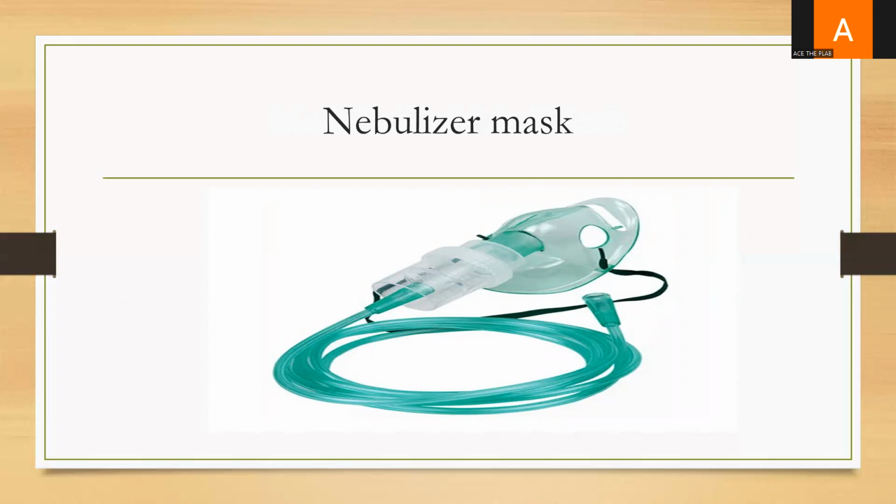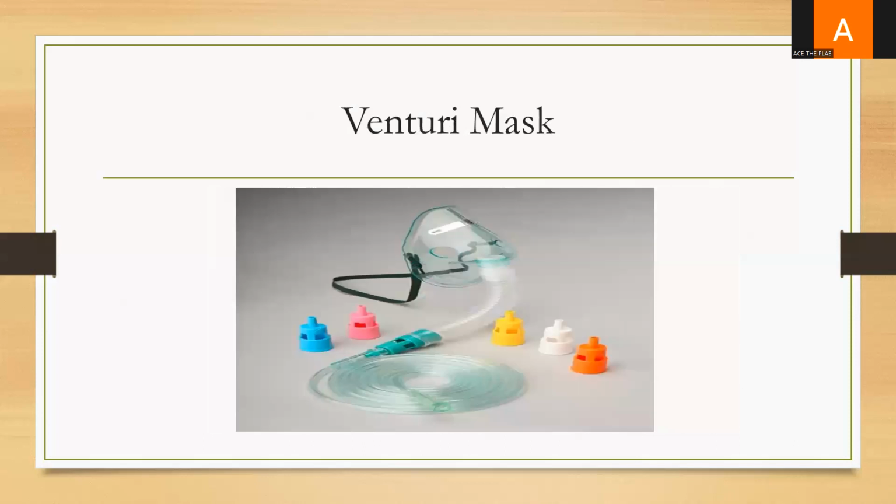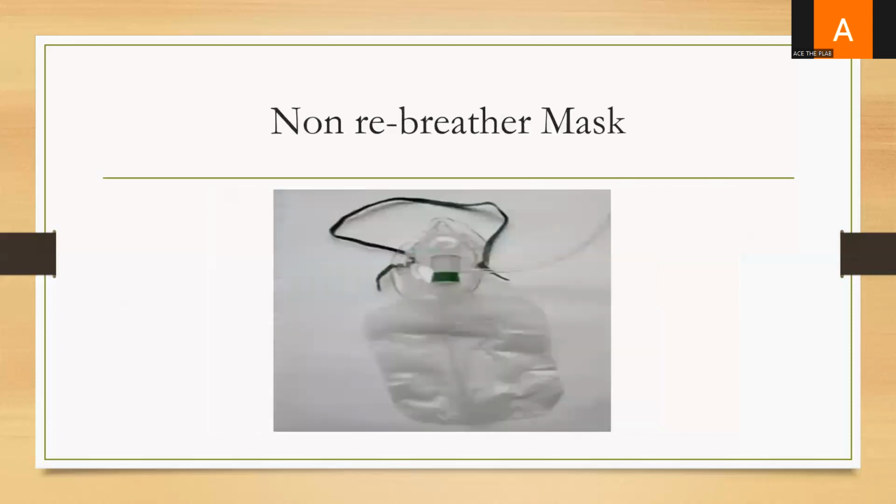Okay, so the nebulizer mask is not needed in most of the stations, it's only needed in cases of asthma. But keep all these masks in your mind, because all these masks will be there on the medicine card. You will pick the one that is most appropriate for your patient.